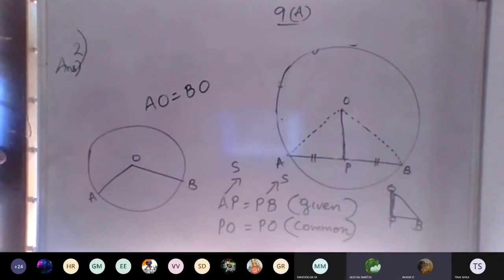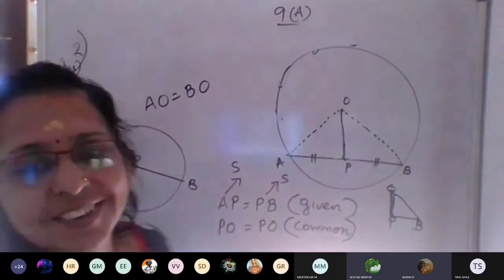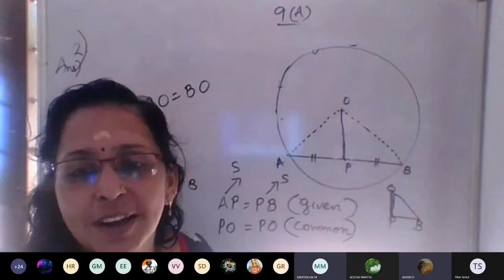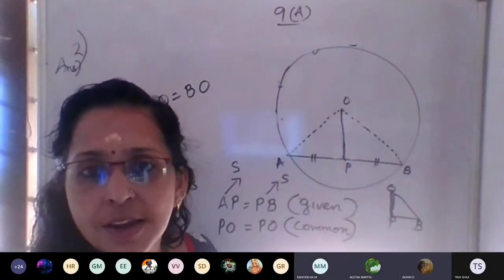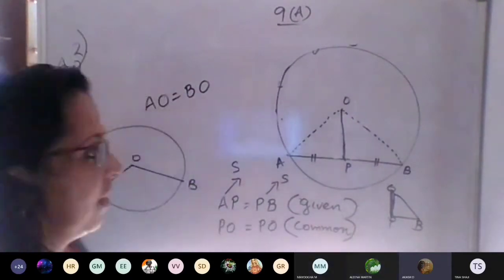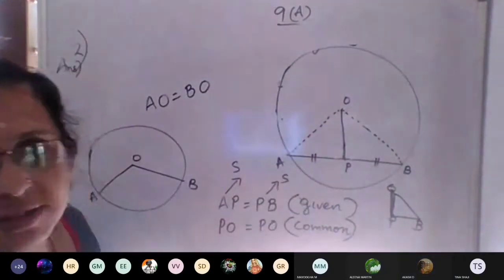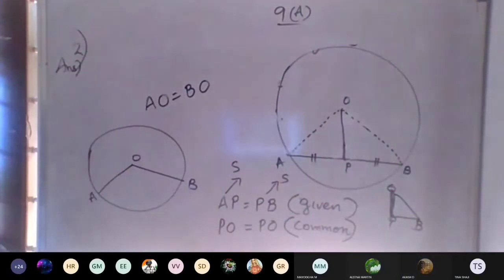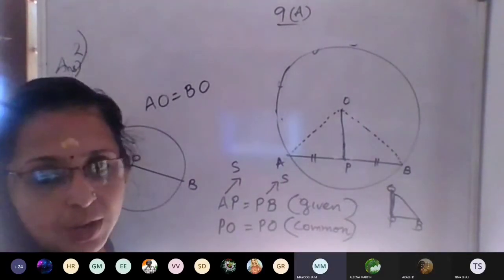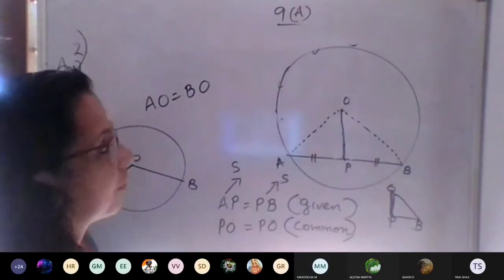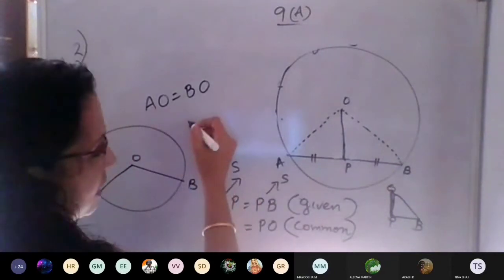Every line drawn to the center is equal. That is known by one word: radius. This is the radius. That means AO and BO are the radius of the circle. So radius, same radius, AO is equal to BO.